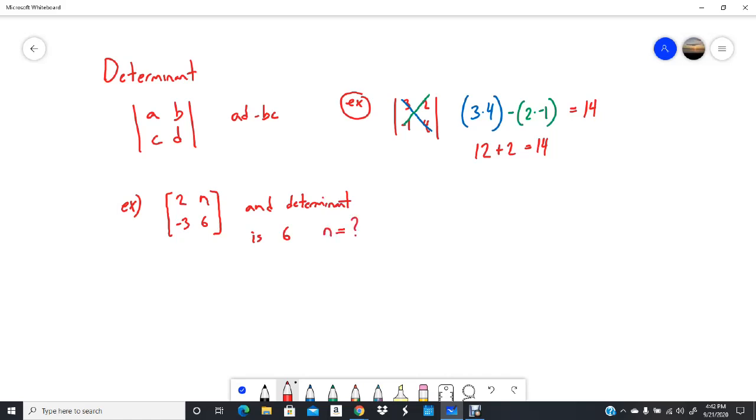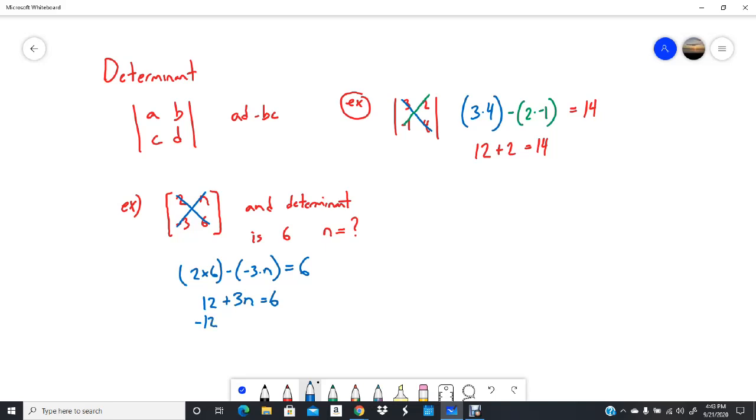So how do we approach this question? First, we have to figure out how we get the determinant. So, going over this, 2 times 6 minus negative 3 times n, and we're being told that that result is 6. So this would be 12 plus 3n equals 6.